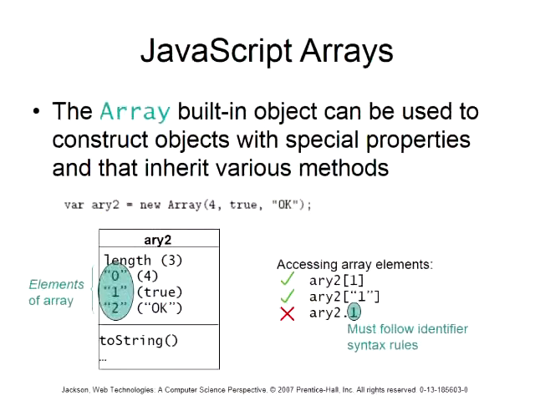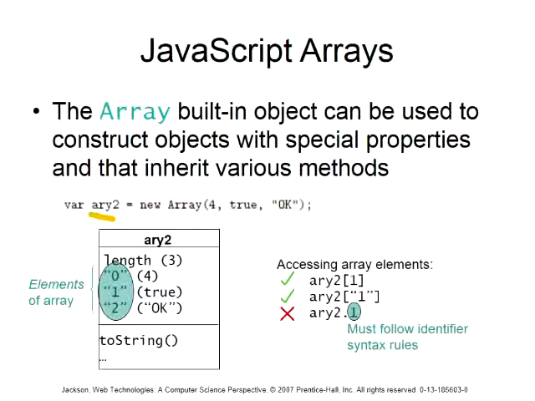So the Array built-in object can be used to construct objects with special properties and that inherit various methods. So when we write var array2 equal new Array(4, true, "okay").